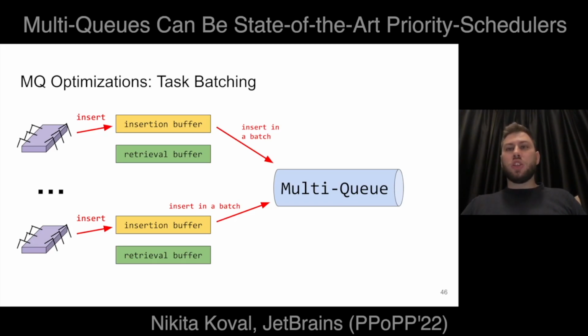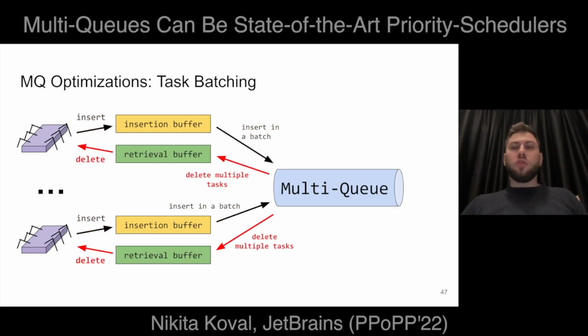Thus, we do not need to acquire locks and access the multi-queue on each insertion; we do this once per the buffer size. It's much more efficient. Similarly, we can do the same optimization for retrievals. We can retrieve multiple tasks at once, and after that process them one by one.